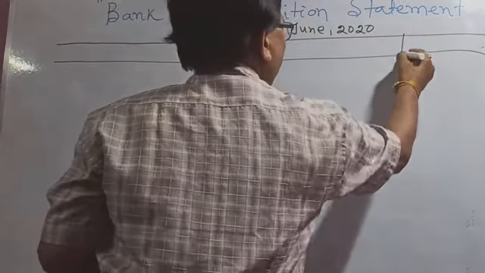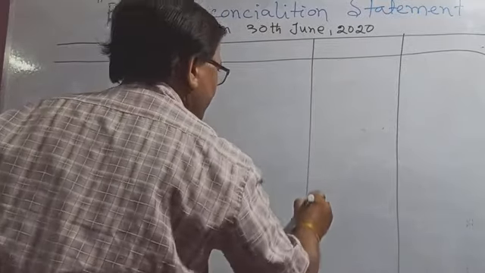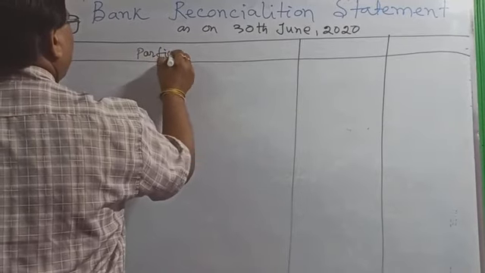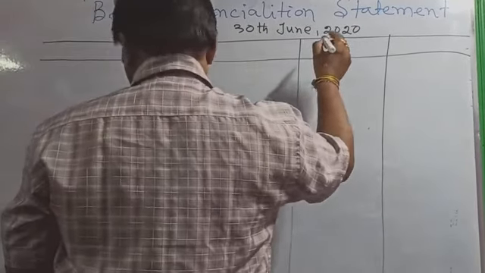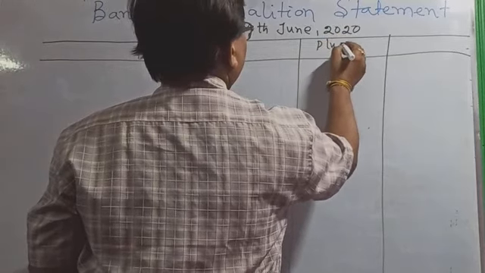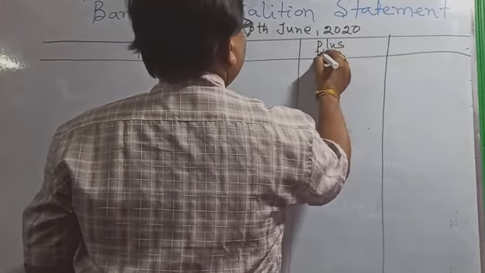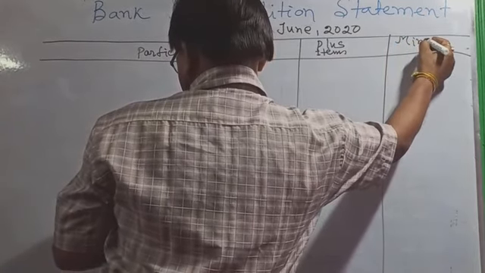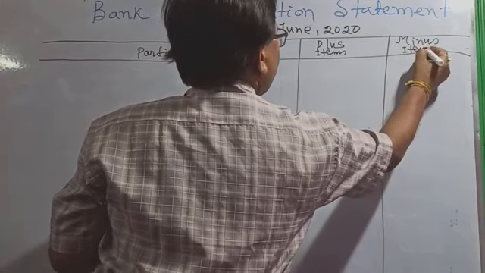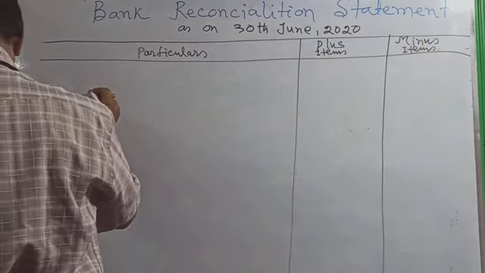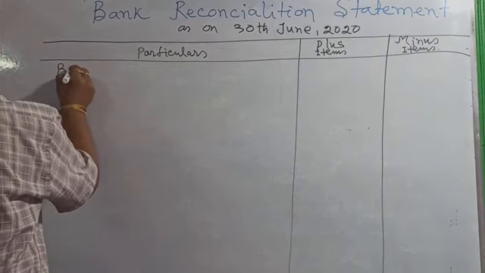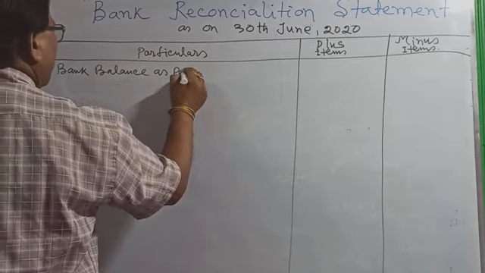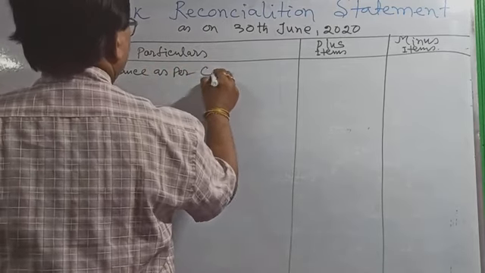Now these are the particulars, plus items and minus items. First, starting with the bank balance as per cash book.